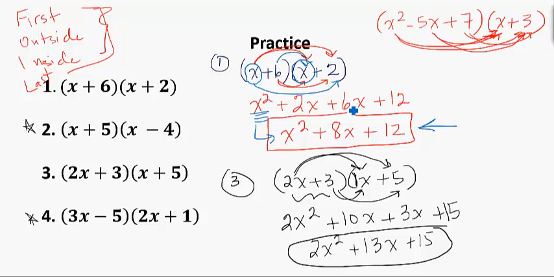So 2x plus 6x, those are the 2 numbers here, 6 and 2. When we add those, that's where we get our 8x. When we multiply those, that's where we get our 12. Now this one's a little bit different here. This is very straightforward because our leading coefficient is only a 1. So this makes this type of problem pretty straightforward.